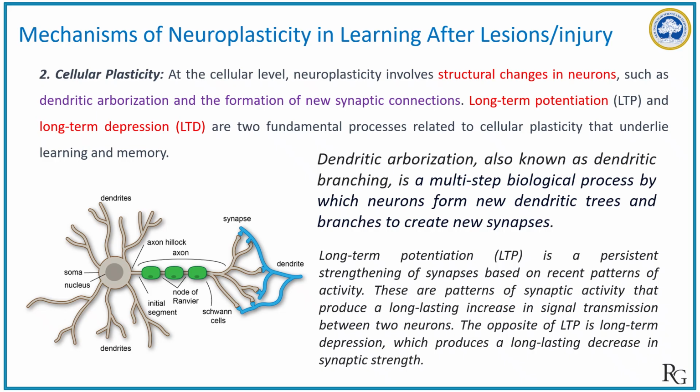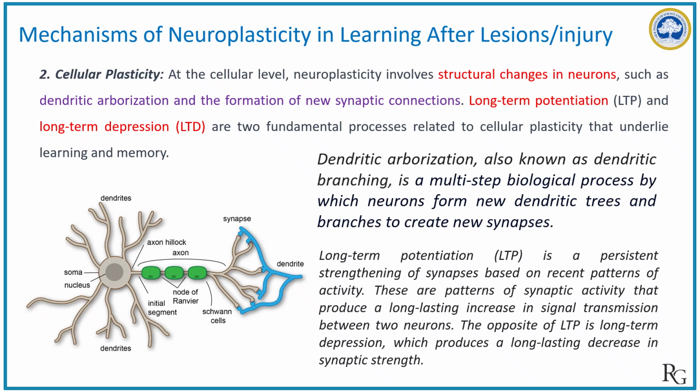Similarly, paired associative stimulation, a method combining peripheral nerve stimulation with TMS, can elicit associative LTP in the affected hemisphere, particularly in patients with less severe deficits.